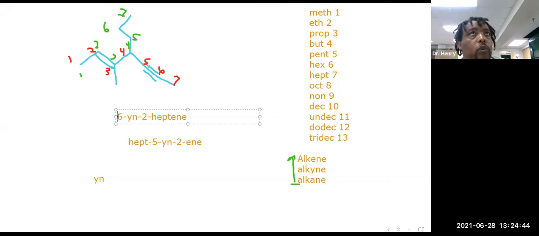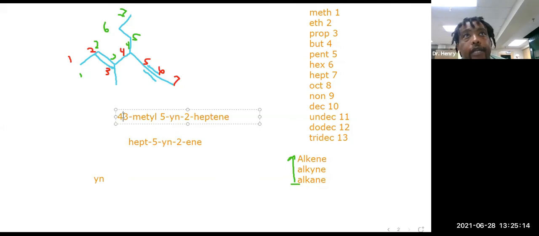Okay, so what are the other structures here? What are the other functional groups? What's on the 3rd carbon? Meth, that's right, it's a methyl group. So we put 3-methyl. And what about on the 4th carbon? That's 1, that's 2, that's 3.